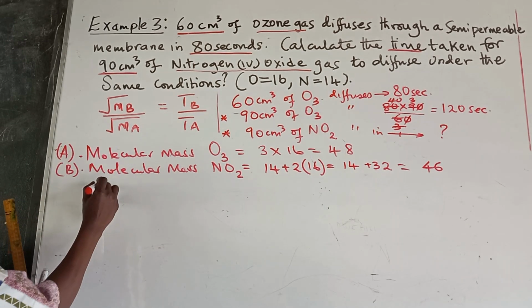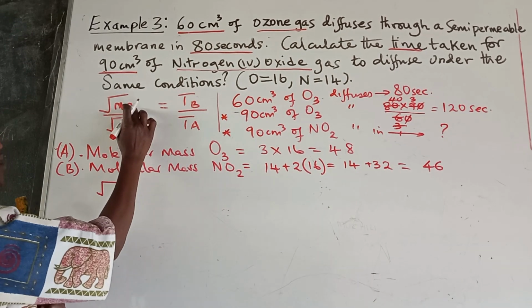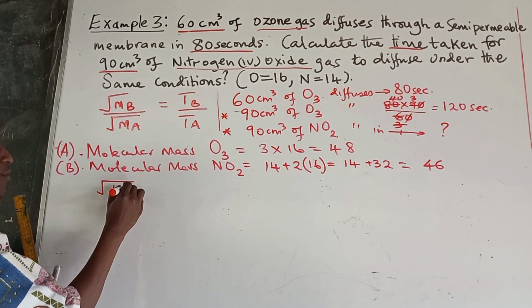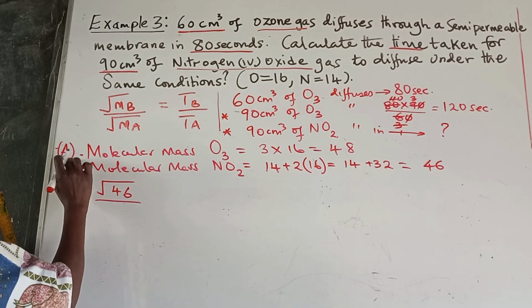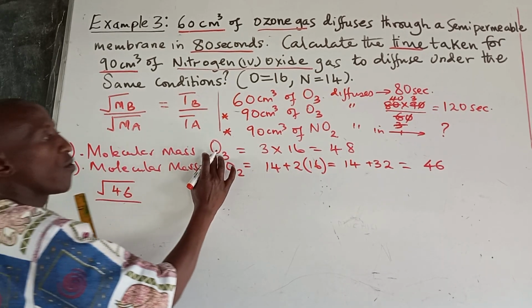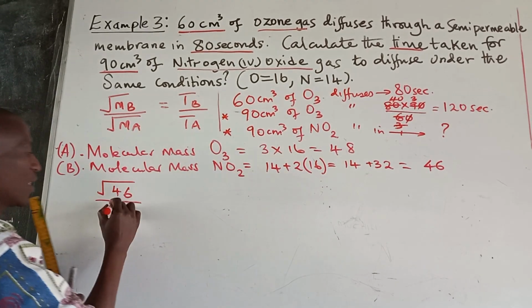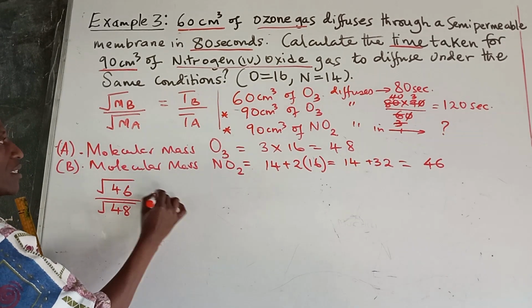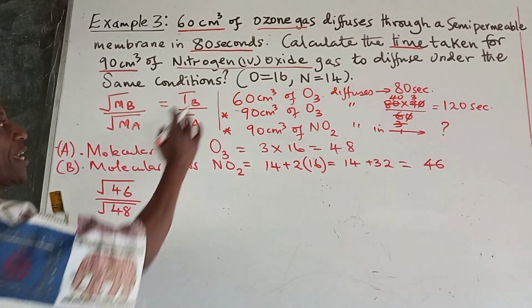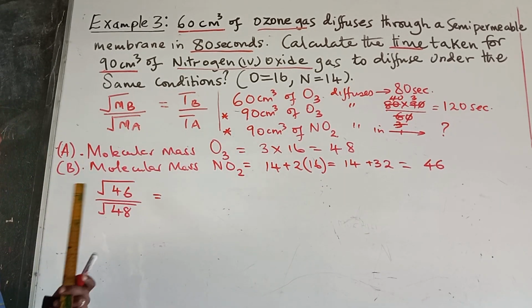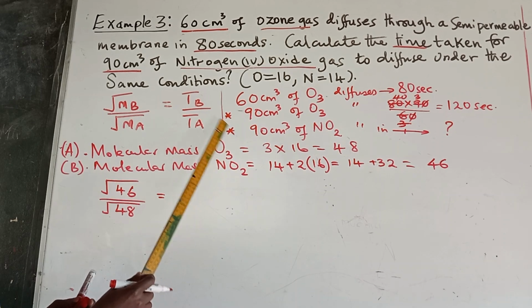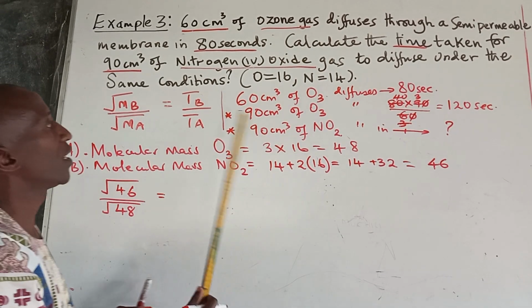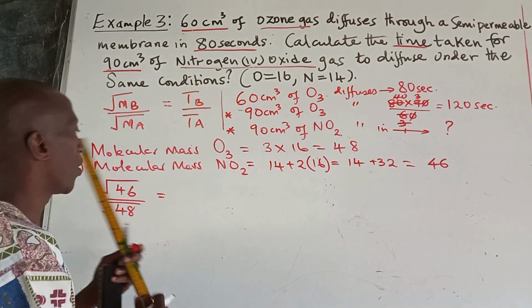It means that we shall have the square root of the molecular mass of gas B, which is our nitrogen 4 oxide, 46, over the molecular mass of gas A, which is our ozone, 48, and that is going to be equal to time B over time A. Our gas B is nitrogen 4 oxide, whose time we don't know.